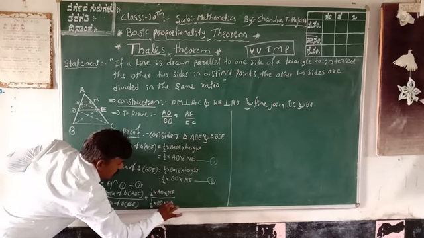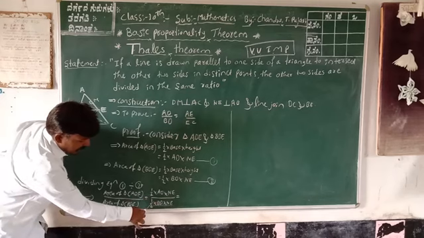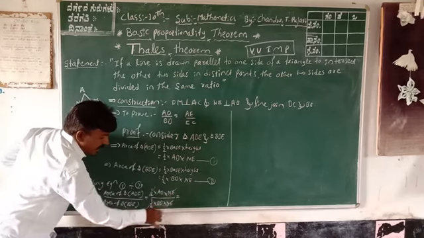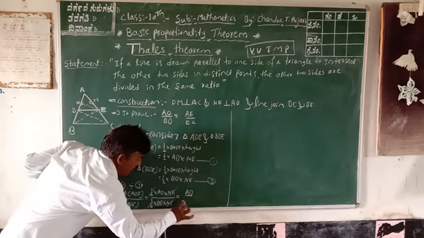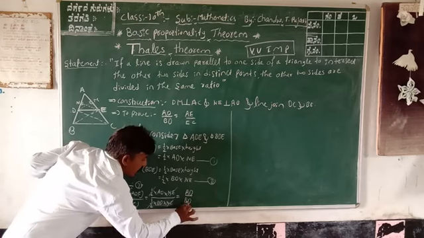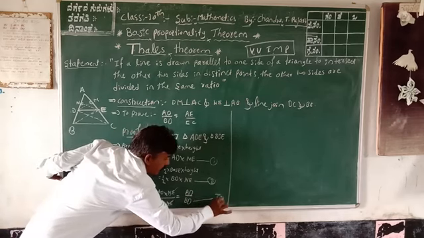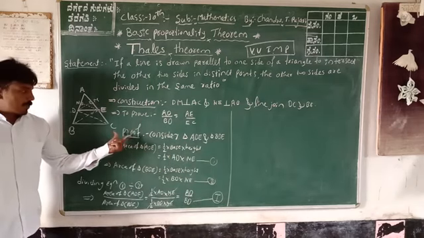The 1/2 cancels, NE cancels, therefore it is equal to AD divided by BD. This is standard equation 1, in your proof.